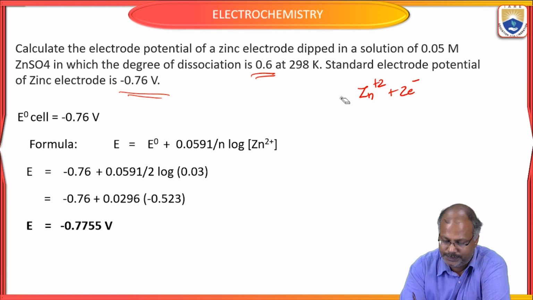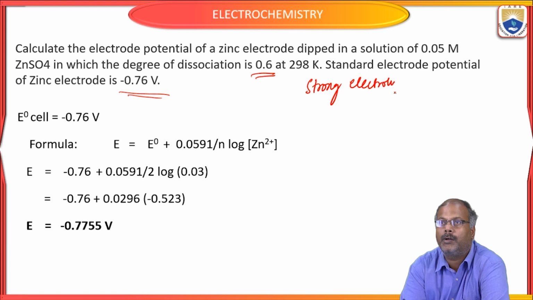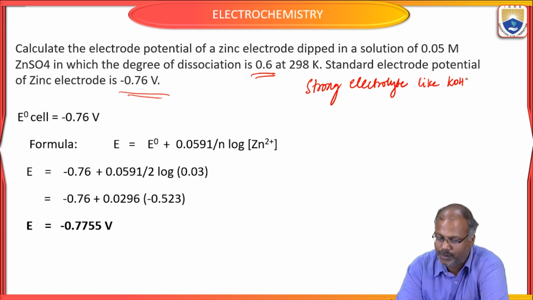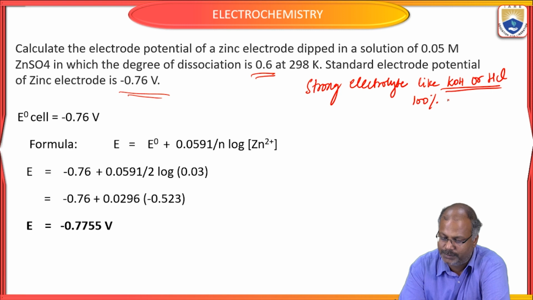This is one side. But what we want to see here is electrolyte. For example, strong electrolytes like KOH or HCl will have 100% dissociation. Okay, they will become 100% ions immediately, very fast.